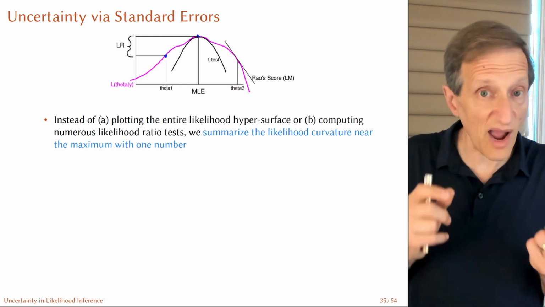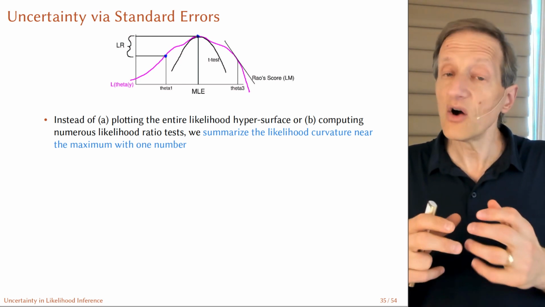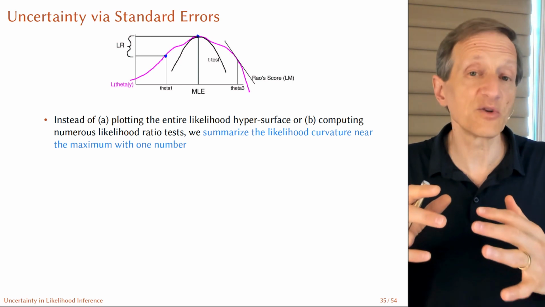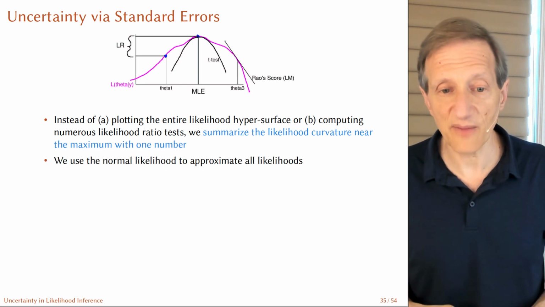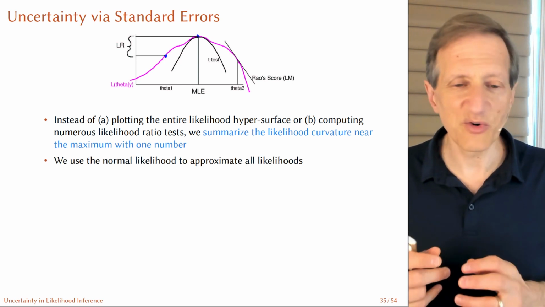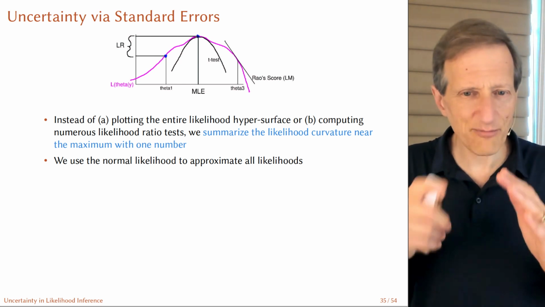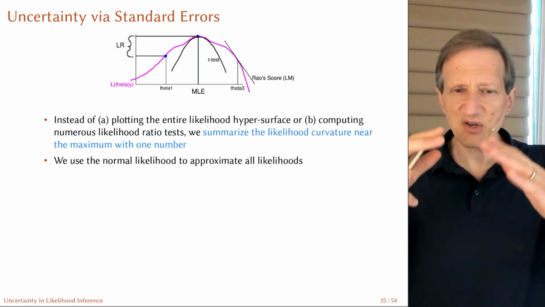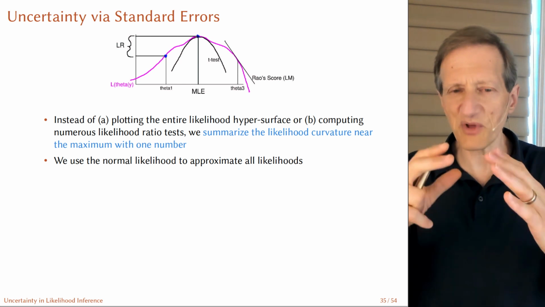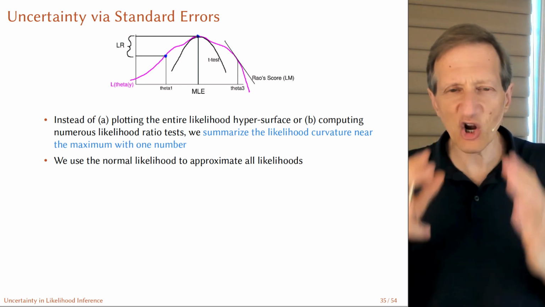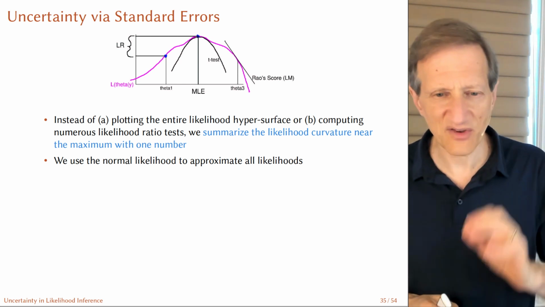And for each parameter, we're going to summarize that with one number, or for k parameters, we'll summarize it with a k by k matrix. So here's how we're going to do it. We have to figure out, given that purple line, how to approximate it. So what we're going to do is come up with a way of approximating the curvature at a point. So that's the goal now.